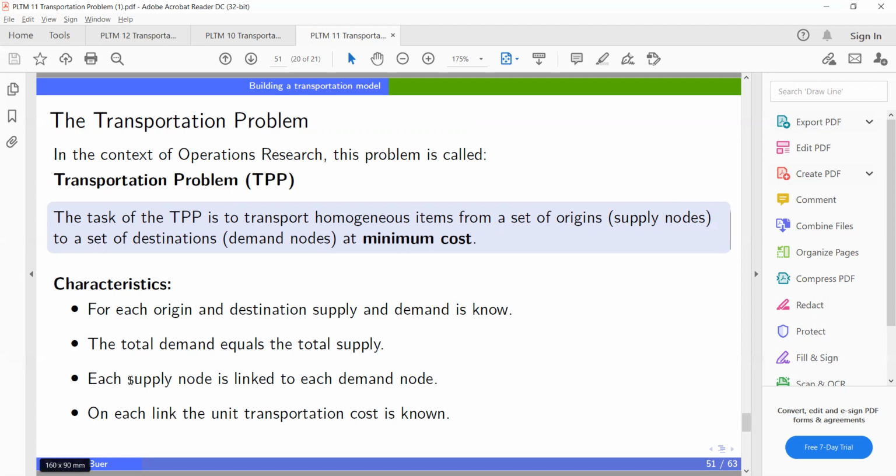Each supply node is linked to each demand node, and the unit transportation cost, the cost for transporting one case from a factory to a warehouse, is known. We don't want to calculate this. This is already known. We want to decide how much we need to transport from a factory to a warehouse.